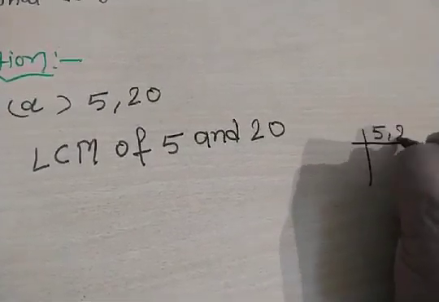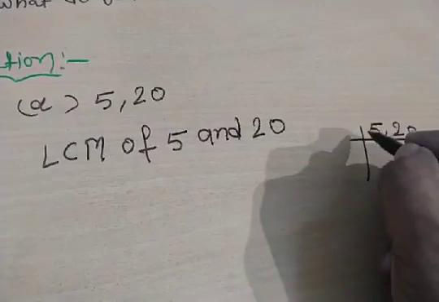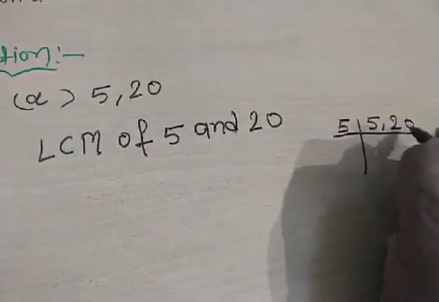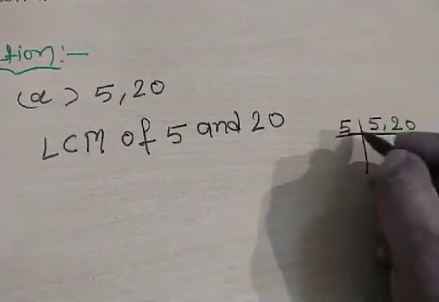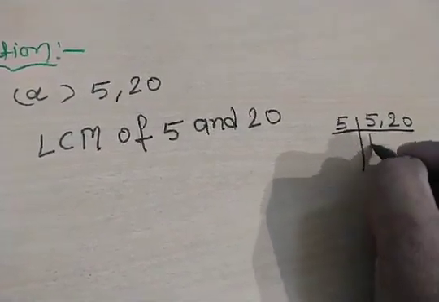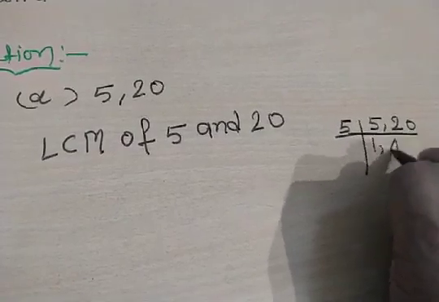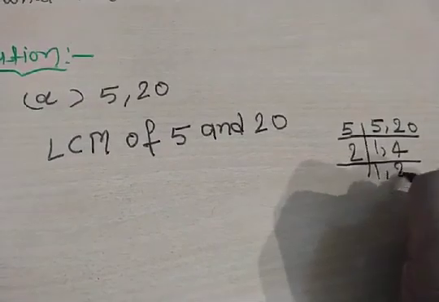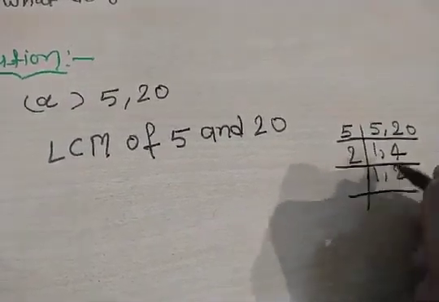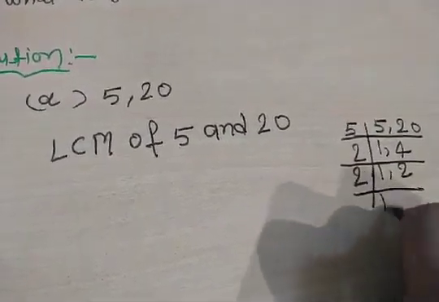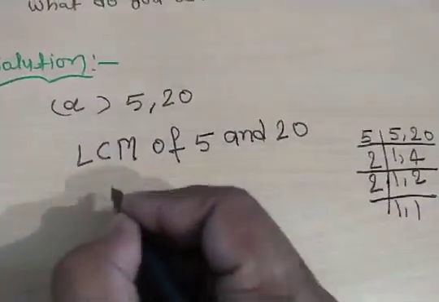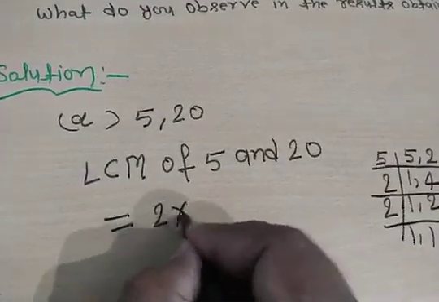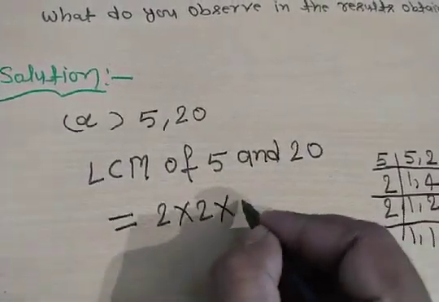So first we take the number 5. 5 is divisible by 5 and 20. 5 divides both numbers, so 5 one times, and 20 is 4 times. After this we select 2. 2 ones are 2, 2 twos are 4. So the LCM of 5 and 20 is 2 into 2 into 5.